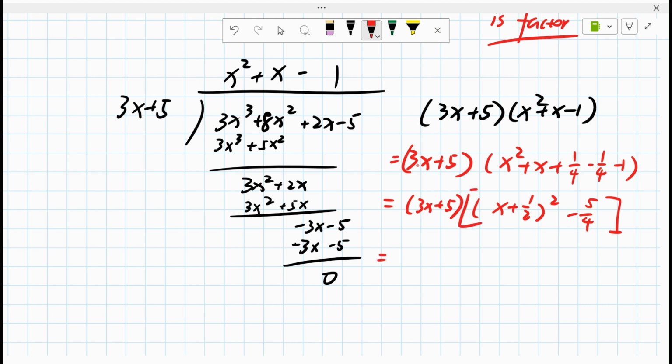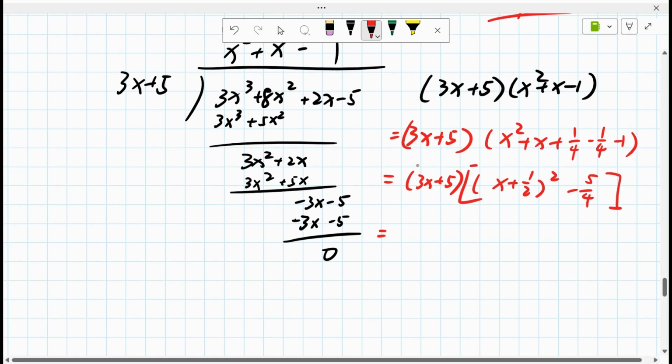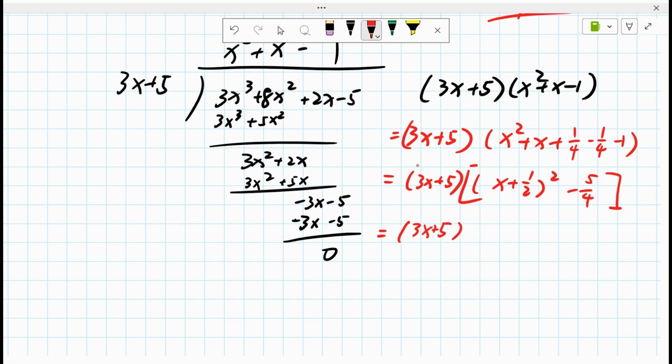Then we can do the difference of perfect squares: 3x plus 5, and x plus half plus root 5 over 2, and another one is x plus half minus root 5 over 2. There you go, those are your other factors.